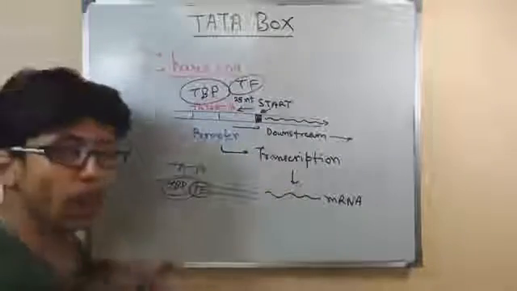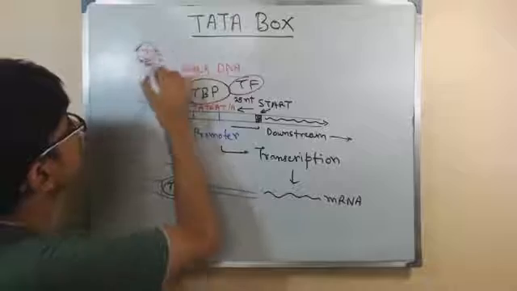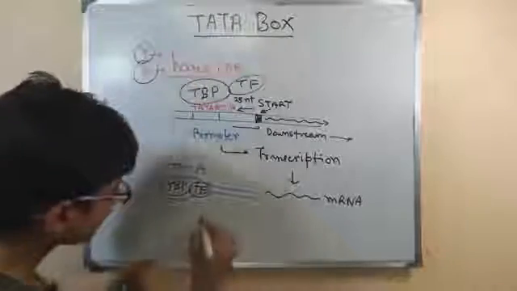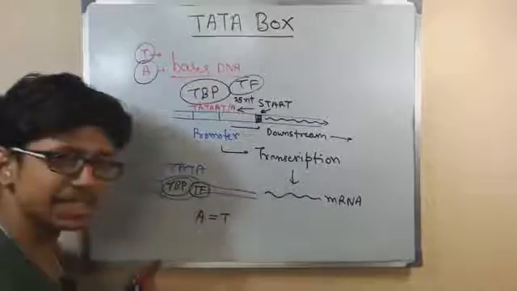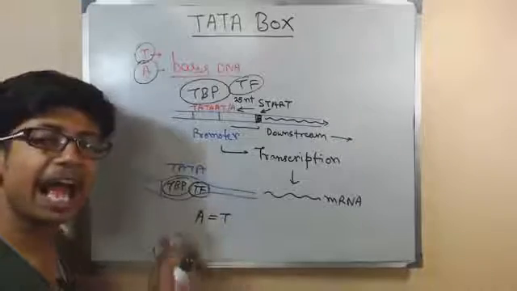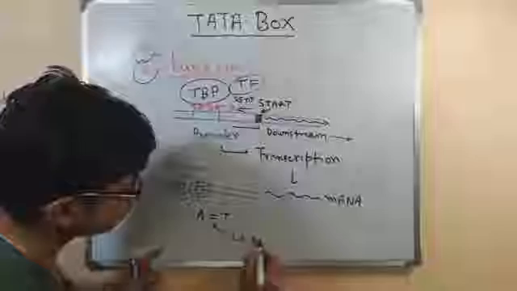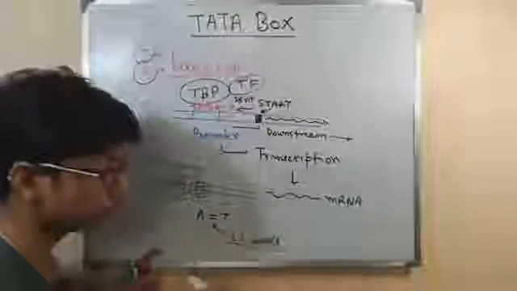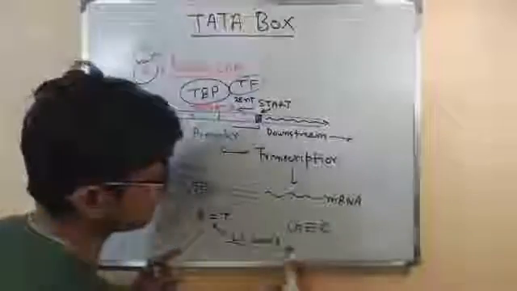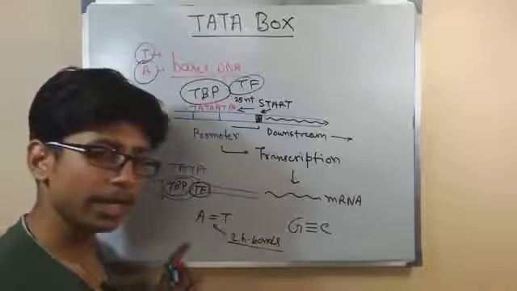Now it is extremely important to look at the structure here, T and A. A and T are attached to each other by 2 hydrogen bonds. And those bonds are much weaker than the bond of GC, which has 3 hydrogen bonds, right?